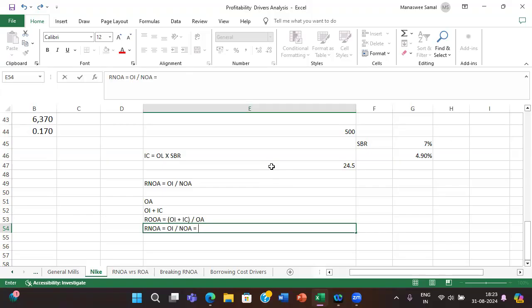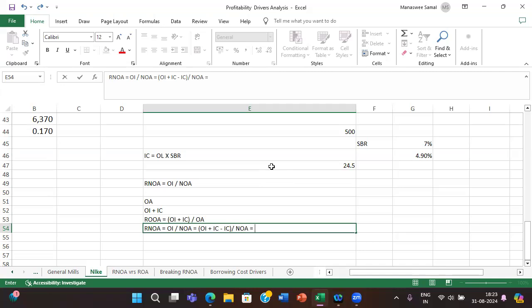We're just playing in terms of a variable. We are inviting that variable into our equation, right? So we have operating income plus IC. So once you invite a variable into an equation, you have to drop it, minus IC. Then as usual, we have NOA in the denominator.